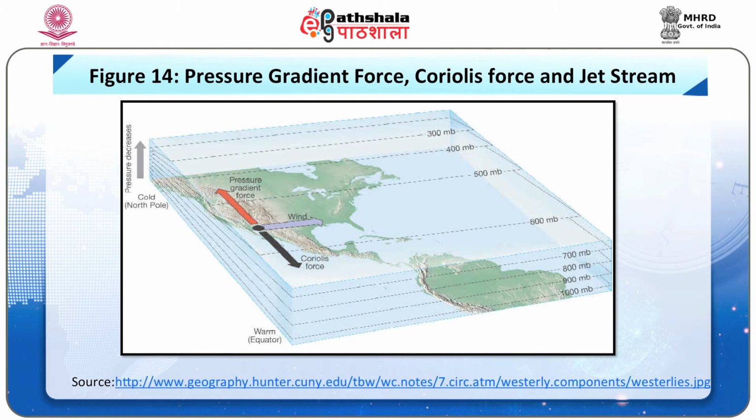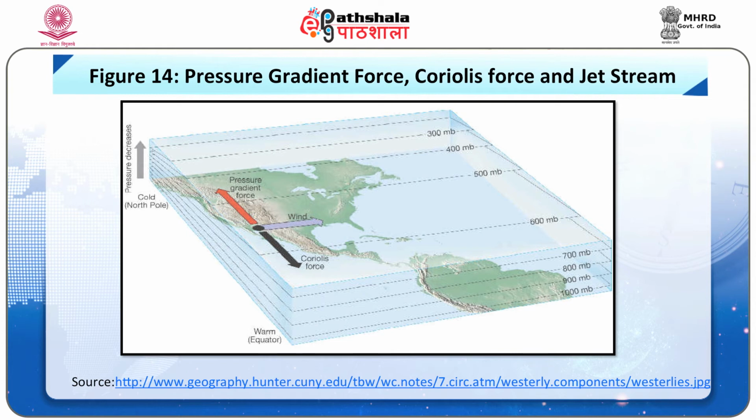Due to pressure gradient force, air motion should be from the tropics poleward, as indicated by the red arrow in figure 14. But the Coriolis force also comes into play and counterbalances the pressure gradient force. Therefore, jet streams, as a geostrophic wind, move from west to east as upper air westerlies.